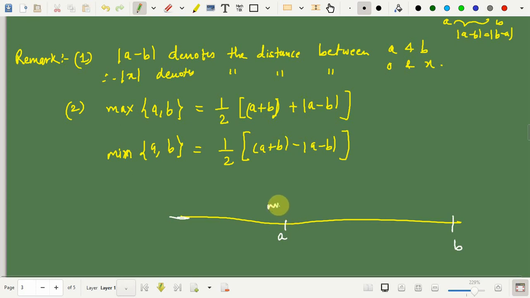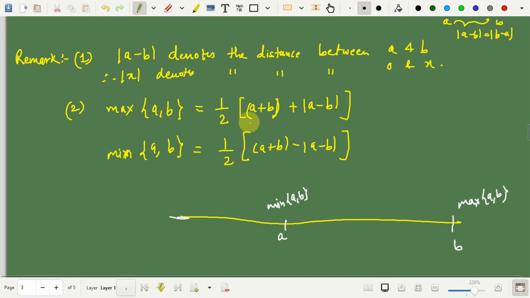And in fact, I am going to show that this can also be written as half times a plus b minus mod of a minus b, and this is nothing but the maximum of a comma b. Because when you just consider a and b on the line, you do not know which one is less than the other one. So, I am just taking, without loss of generality, that a is lying to the left of b.